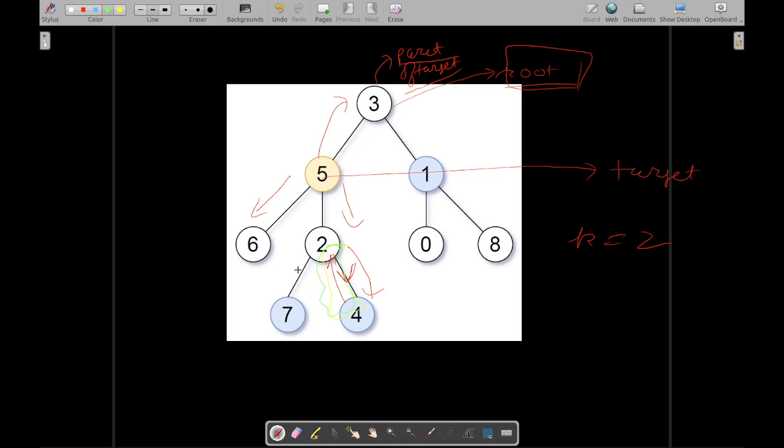For example, here you can go from 2 to 7 by a direct link, without the help of recursion or anything, if you have the address of 2, but you cannot go from 7 to 2, as the link is not there.